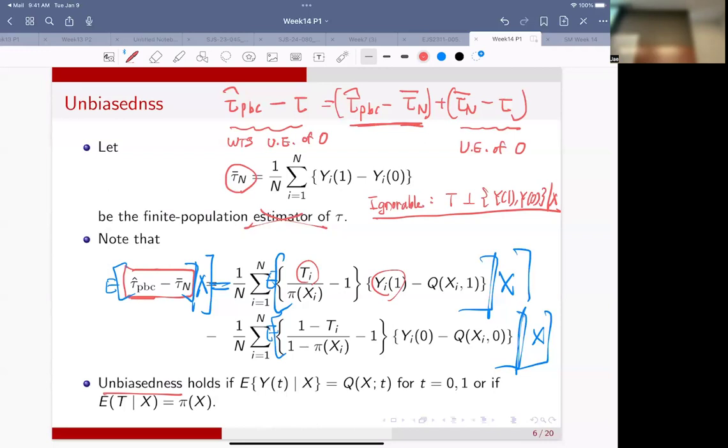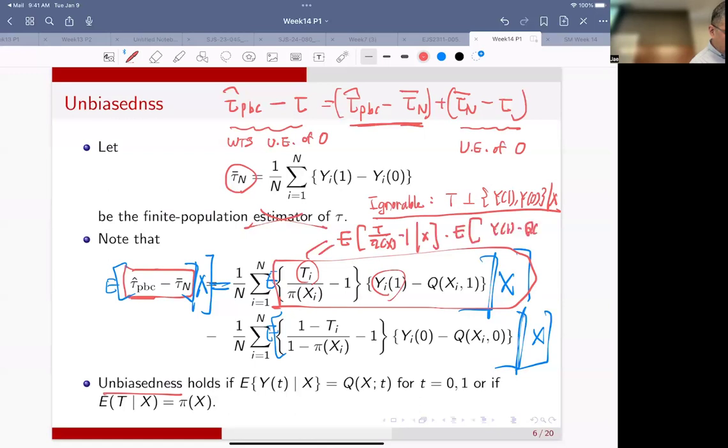So that means your expectation can be applied separately. This guy is equal to the expectation of T over pi(x) minus 1, given x, times the expectation of y1 minus q1(x), given x.